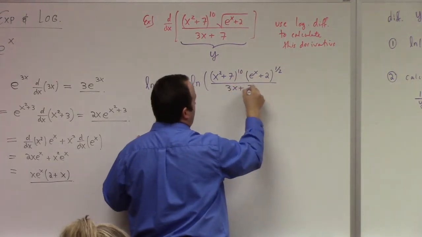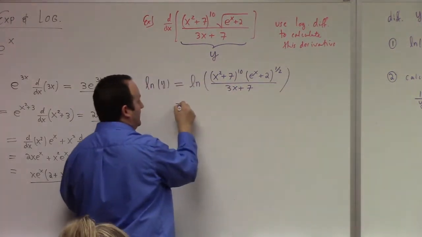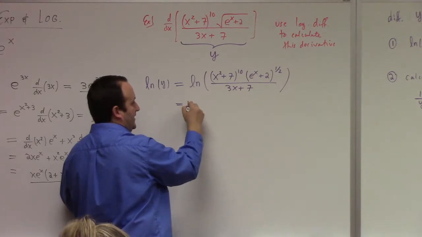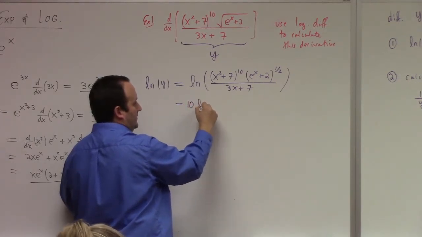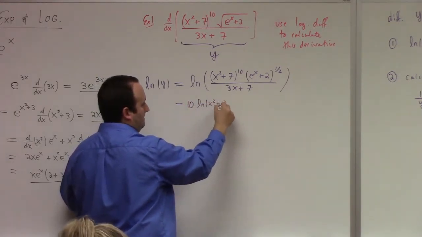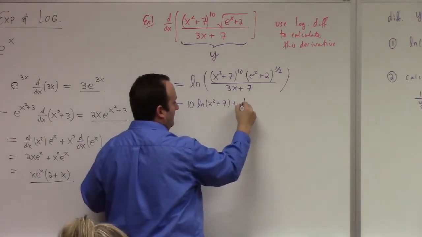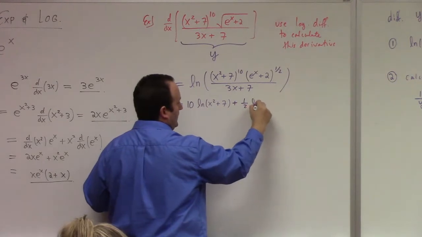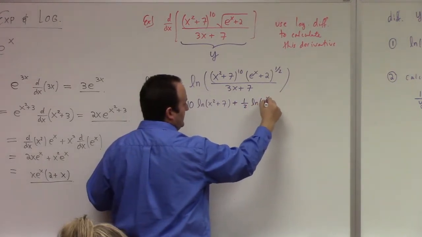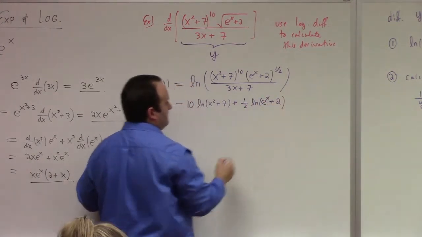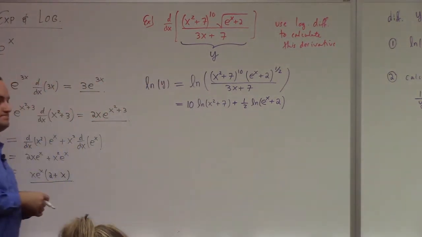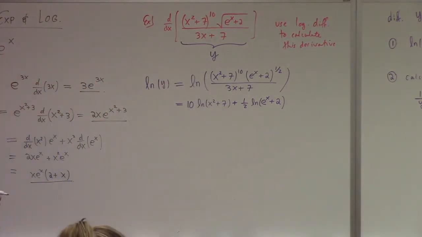Okay, so properties of logarithm allow me to simplify that how? I'll start with 10 times the natural log of x squared plus 7, plus what? Plus 1/2 the natural log of e to the x plus 2. Where did the 10 come from? Do you guys get that?